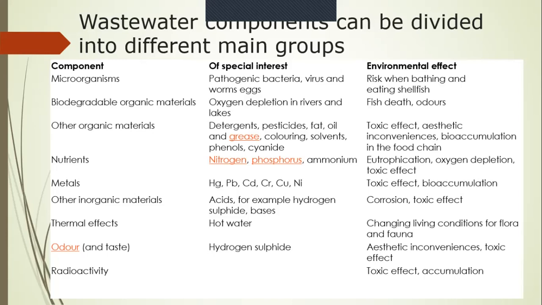And there can be other inorganic material, and also depending on the temperature of the water, we can identify thermal effects, and also we can see color, and radioactive parameters can also be there. So why are these different wastewater constituents or elements important for us? Because they may have human as well as environmental impacts.